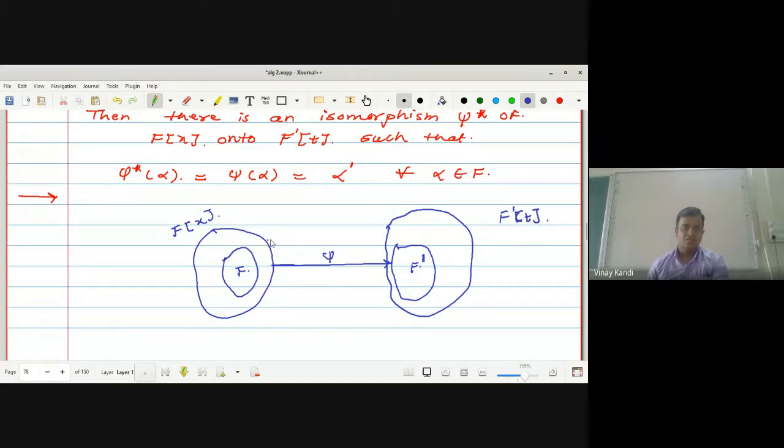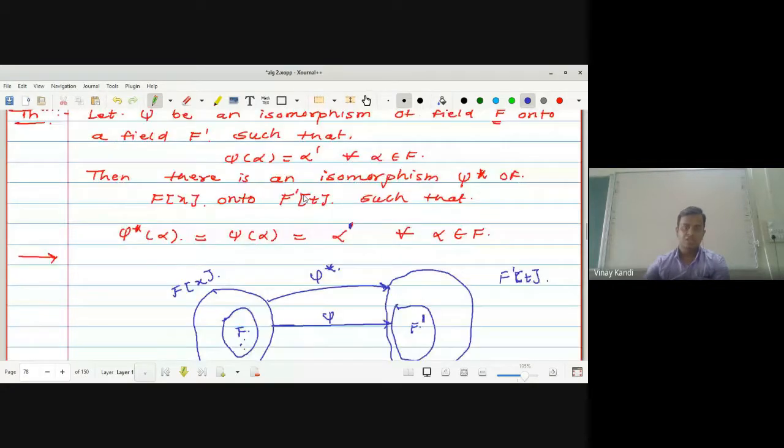On this there is an isomorphism psi star. So we have to show that whenever psi star is applied on an element alpha of the field, psi star is equal to psi, that is, psi star of alpha is equal to psi of alpha is equal to alpha dash.